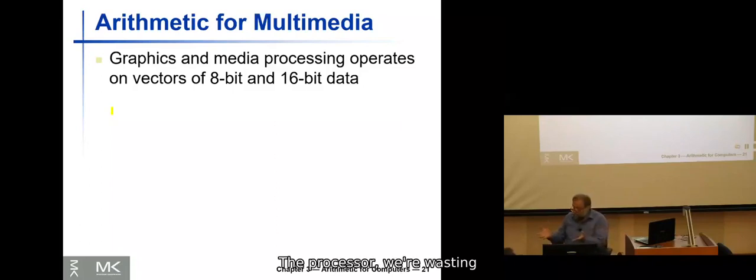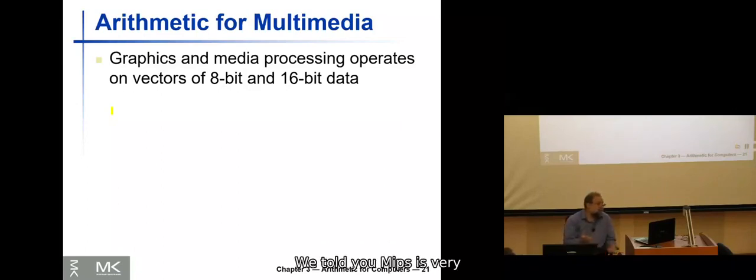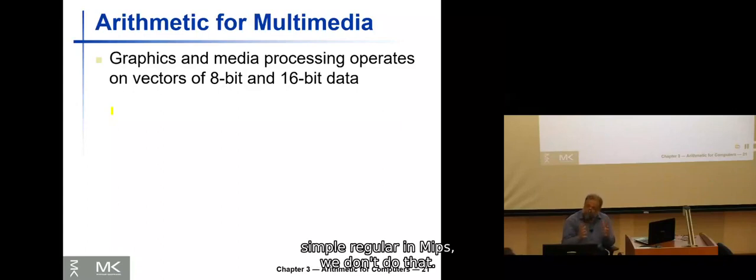So we are wasting 24 bits of our ALU if we are just adding 2 8-bit values. So it is good if we have a processor that could make, for example, concurrent 8-bit additions with its ALU. MIPS doesn't do that. We told you, MIPS is very simple, regular, so in MIPS we don't do that.